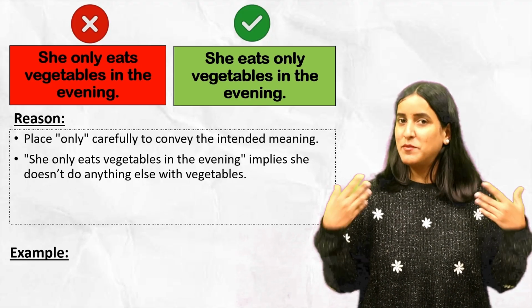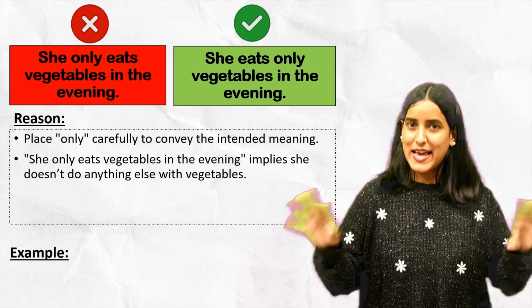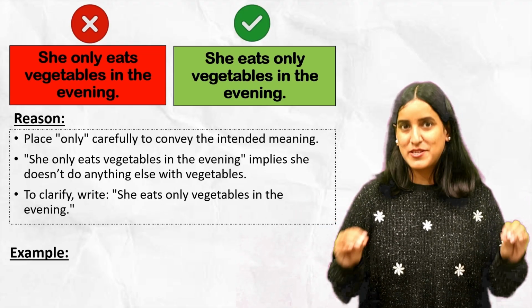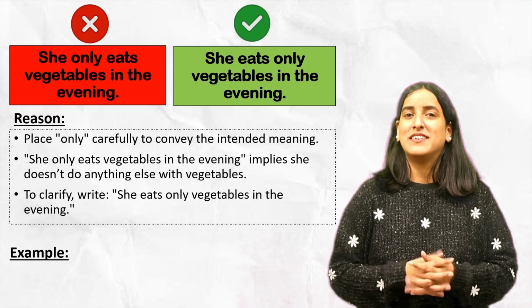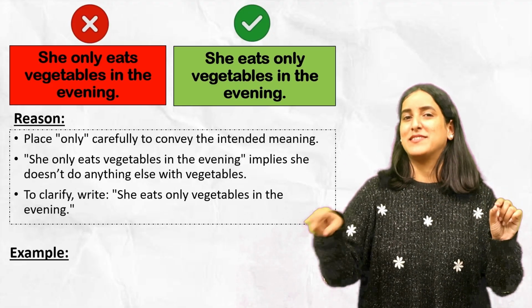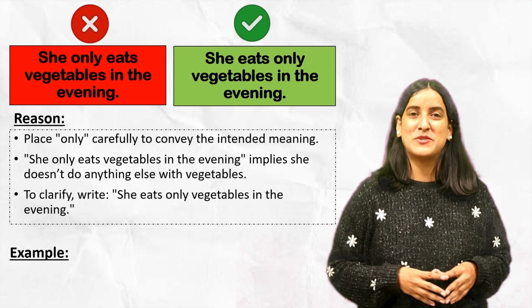However, the intended meaning, what we wanted to say, was that she eats no other food except vegetables in the evening, right? So to express this clearly, only should modify vegetables, right? Not evening or anything else. I hope you're able to understand.